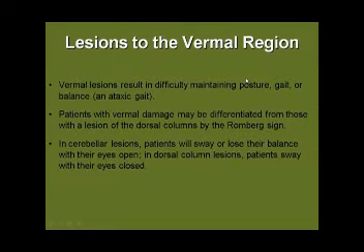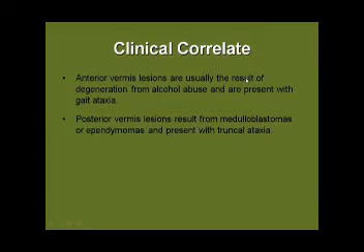The other thing that's important about the vermis is we need to distinguish anterior vermis neurology from posterior vermis. The anterior vermis is a classic location. If a lesion is located there, they'll present with a motor ataxia. It turns out that anterior vermis Purkinje cells are particularly sensitive to chronic alcohol abuse that leads to a motor ataxia.